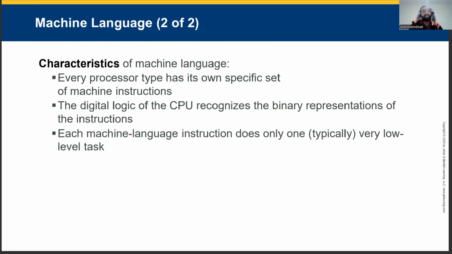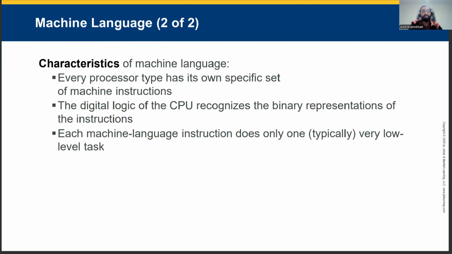Machine language has several key characteristics. Every processor type has its own unique set of machine instructions, meaning code written for one processor won't run on another. The CPU's digital logic circuitry is designed to recognize specific binary patterns as valid instructions.